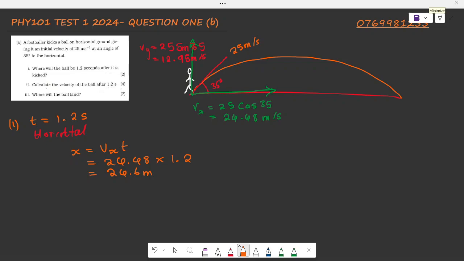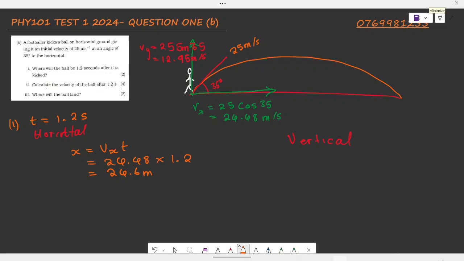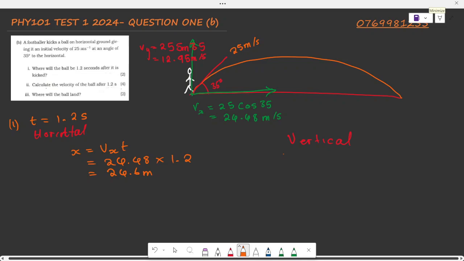Now let's calculate the vertical displacement. For the vertical displacement, we are supposed to use the formula S is equal to ut plus 1 over 2 at squared.